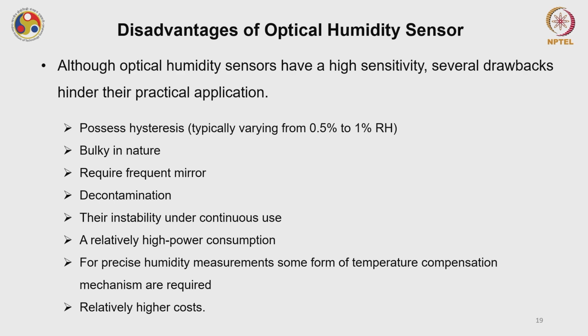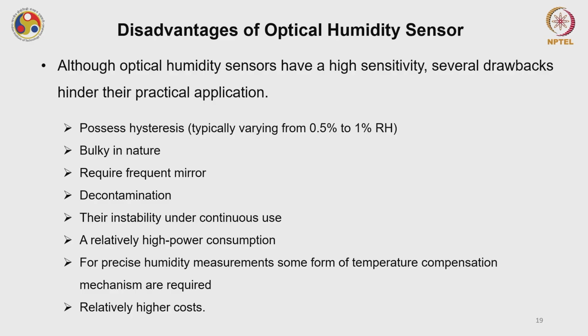Although it can be miniaturized, even smaller devices are desirable. So in that context, it looks a little bulky. It requires various lens systems and mirrors, which makes it bulky. Then decontamination of these devices is possible. If you are using it continuously, there can be instability that you can face.